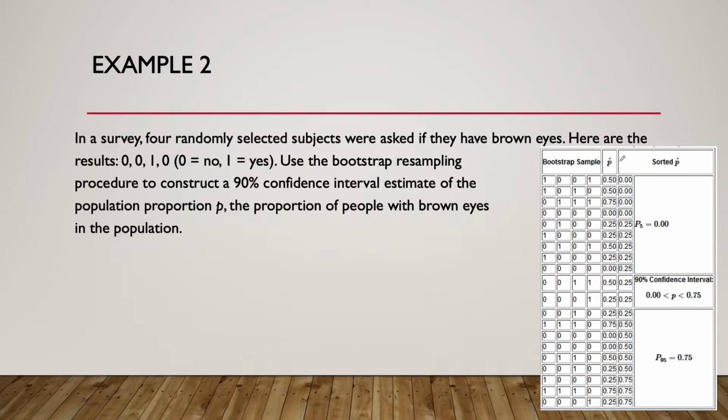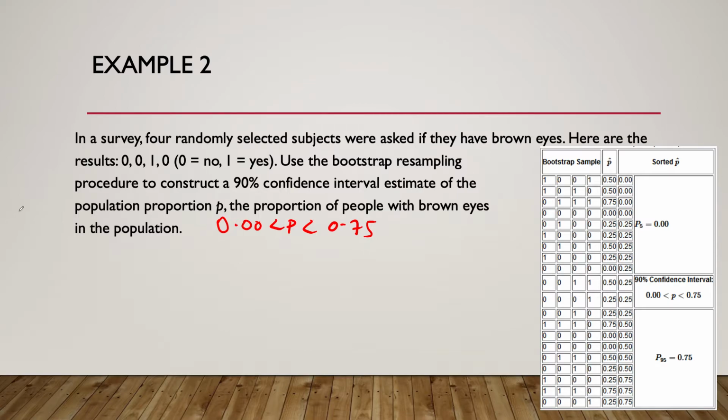We find our sample proportion p hat in each of these, and then sort them from lowest to highest and find the 5th percentile to be 0 and the 95th percentile to be 0.75. So the confidence interval is 0.00 is less than p, less than 0.75.